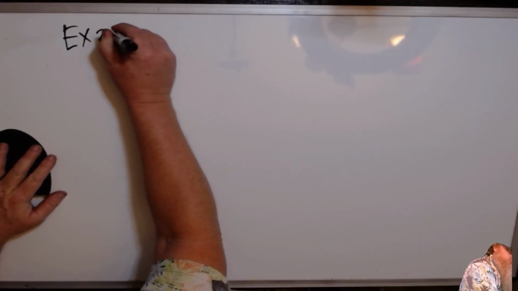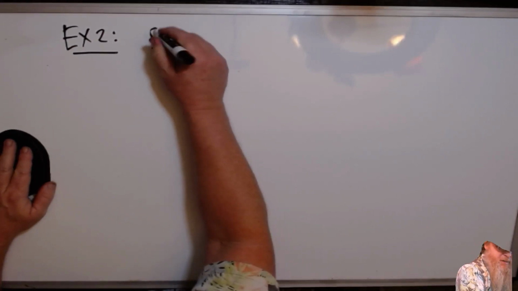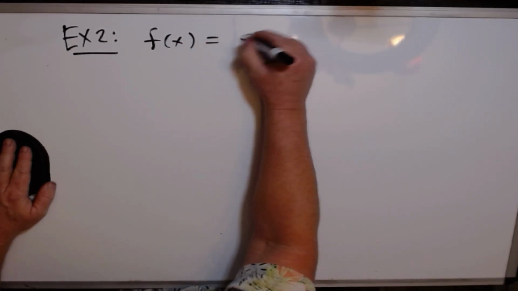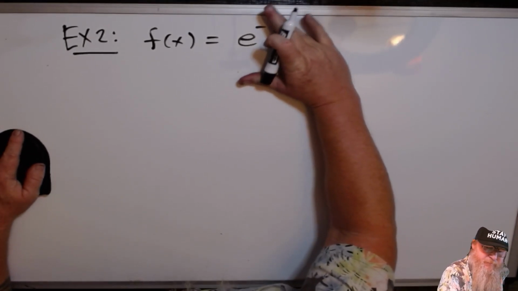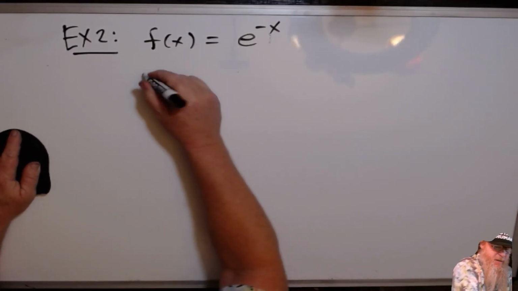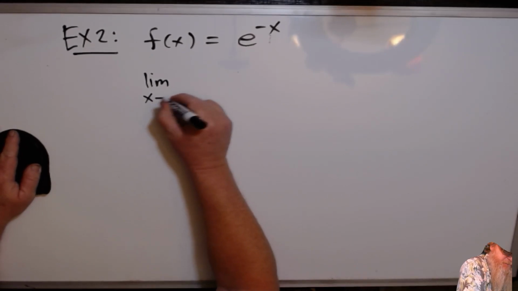All right, so let's do example 2. Let's do f of x equals e to the negative x. Let's calculate both limits.